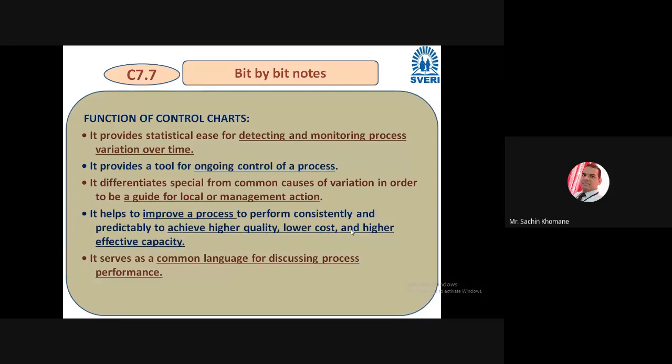The next one is that it provides a tool for ongoing control of a process, especially for ongoing processes. For an ongoing process, I always like to give the example of a chemical reactor. In a chemical reactor, chemical reactions go on for maybe 1 hour, 2 hours. You are adding certain reagents, certain chemicals, and mixing is going on. I think most of you know.